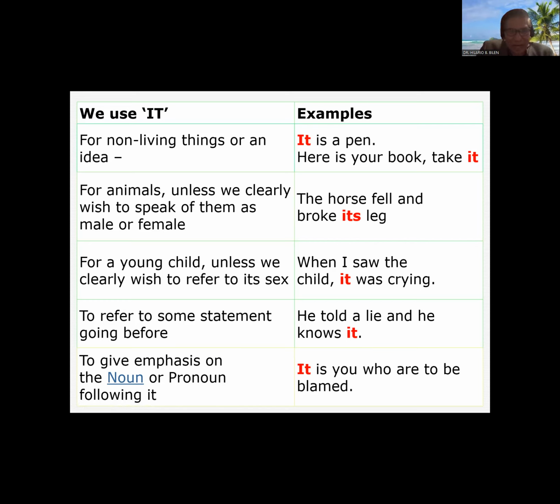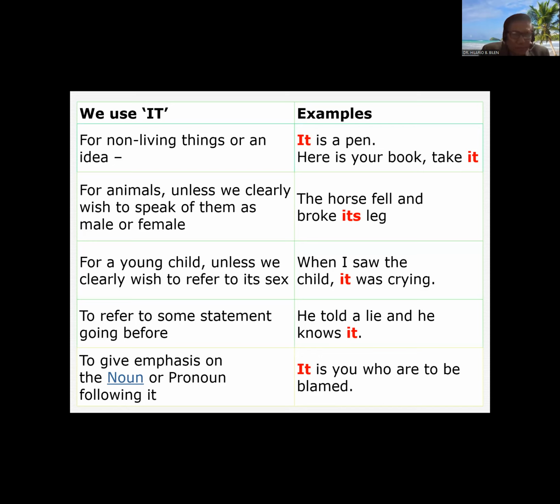For a young child, unless we clearly wish to refer to its sex. So that is example. And the example when we use in sentence, when I saw the child, it was crying. Okay, you have to notice it about the personal pronoun.